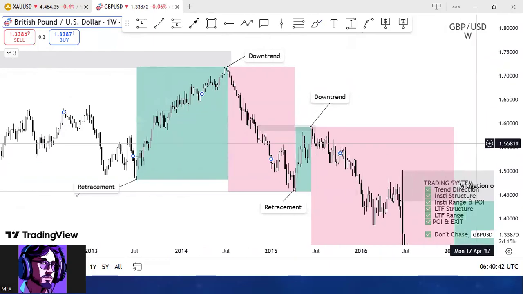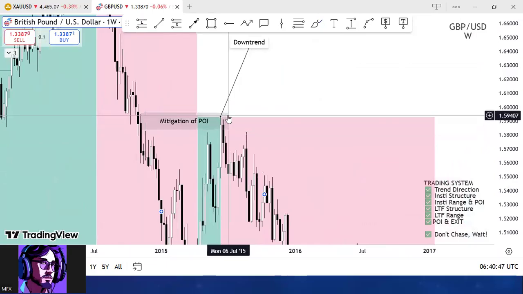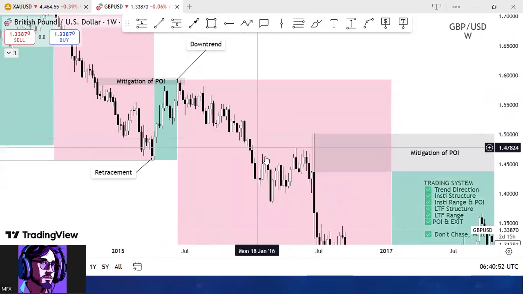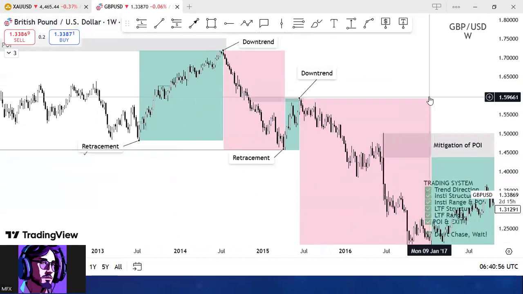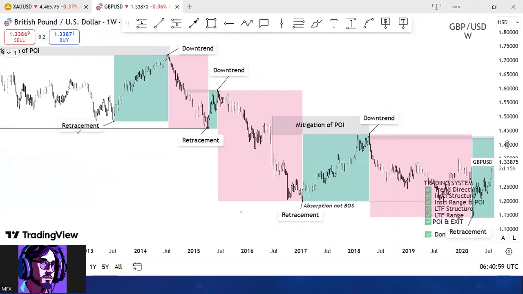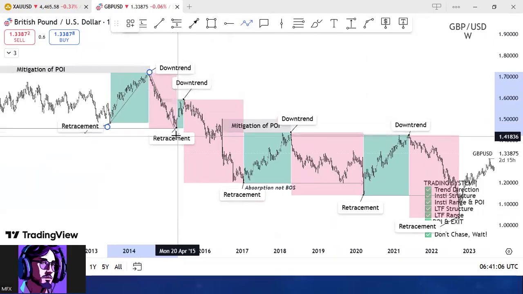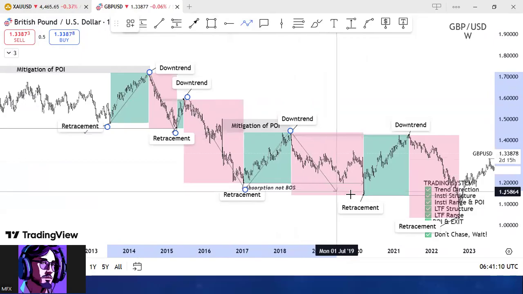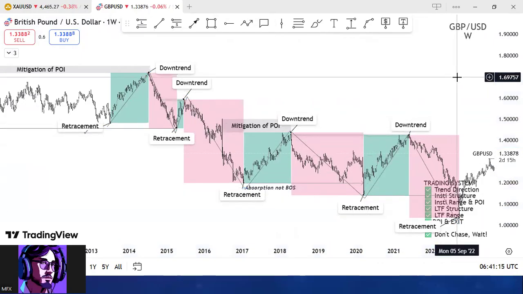After that retracement, a mitigation of another supply zone, then price reacted again and continued this trend, because overall this is a downtrend in price. You could see that it keeps creating lower lows and lower lows and lower lows. One, two, three. Downtrend, lower lows, and all that.